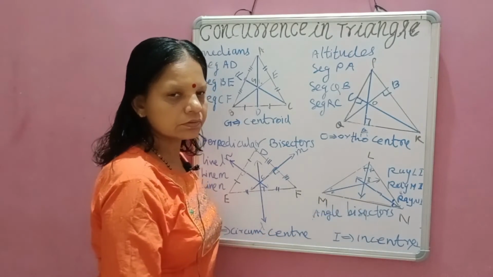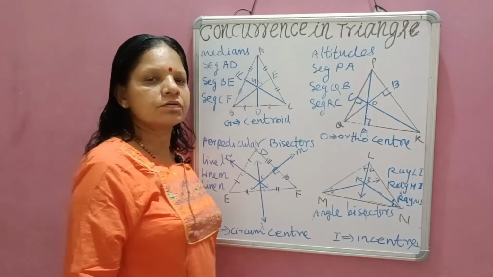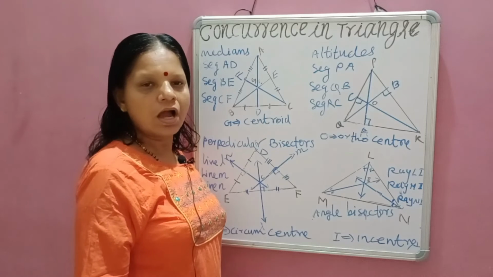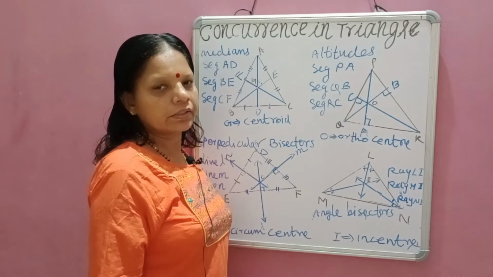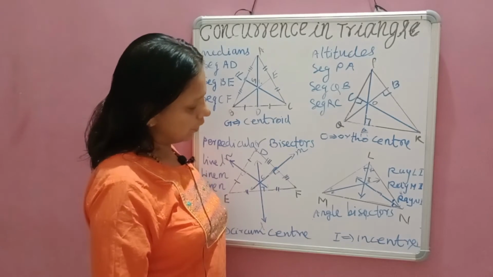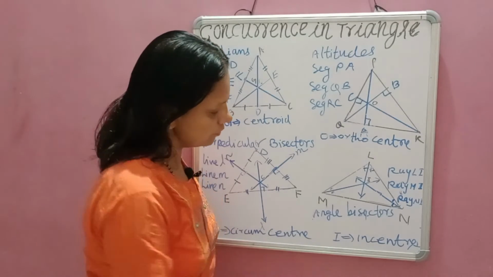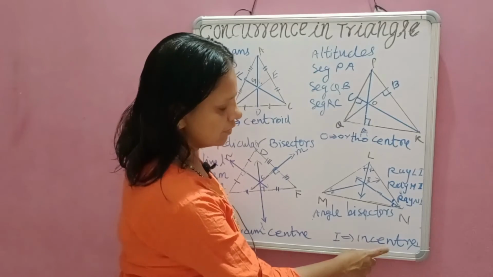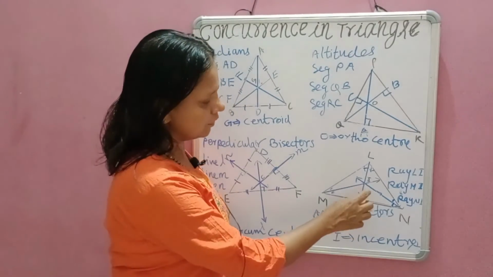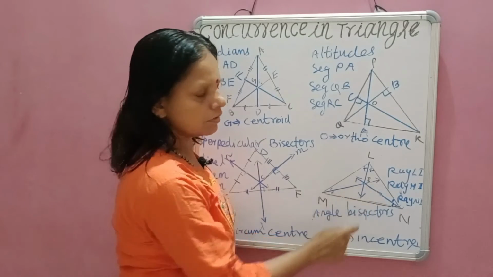In other words, the angle bisectors of the three angles of a triangle are concurrent, and the point of concurrence is called incentre, and is represented by the letter I.